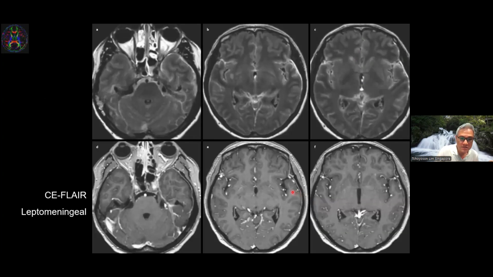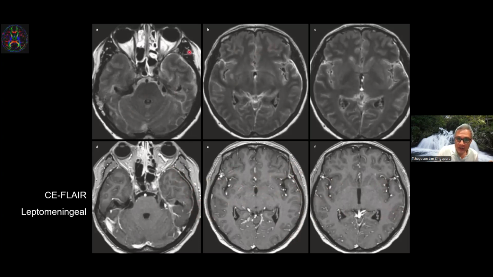And here's what I'm describing. This is a contrast-enhanced FLAIR pulse sequence, and this is what we are used to viewing, which is the contrast-enhanced T1 weighted MR images, specifically a spoiled gradient echo, which is a little bit less sensitive. And here you can see that there's diffuse dural contrast enhancement and some leptomeningeal contrast enhancement in a patient with meningitis.